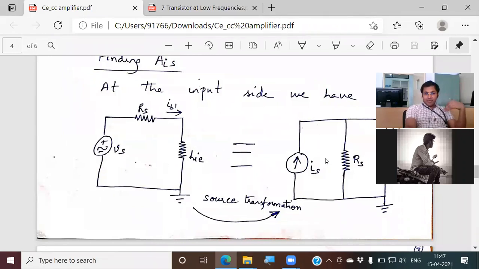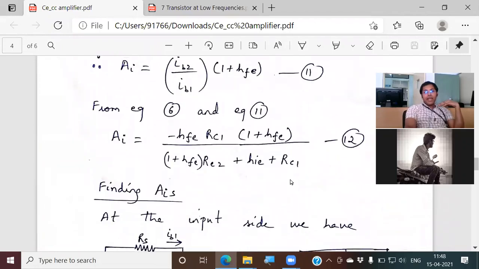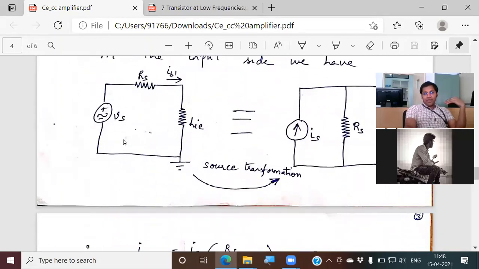In simple words, we are just doing source transformation: Vs, Rs I am replacing with Is in parallel with Rs, same value, leaving Is as it is. Why am I doing this? Because I got AI. Now I want to use this AI and get AIS. Let us see how we will get it.